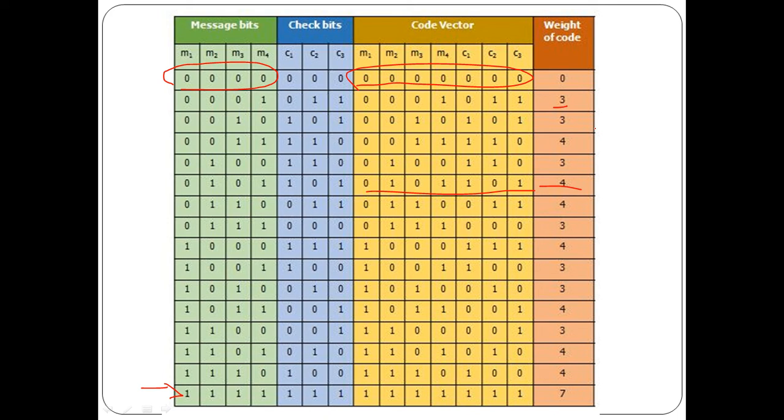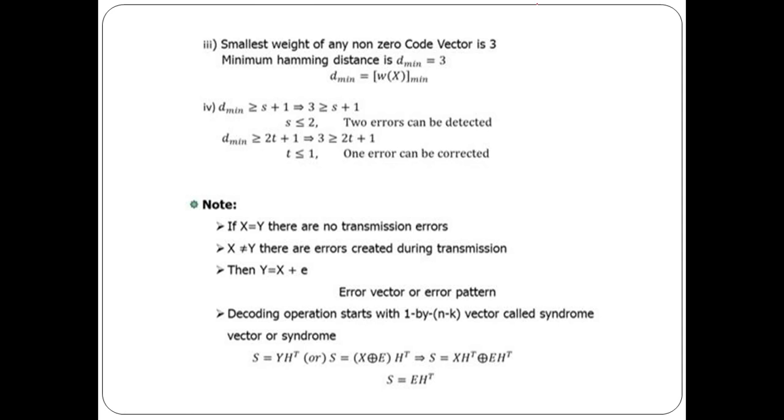So how do we find the error detection and correction capability? In the previous classes I told you the error detection capability of a code. A linear block code can detect S errors if it satisfies D minimum greater than or equal to S plus 1. Here, what is D minimum?